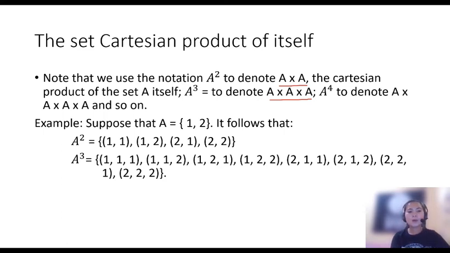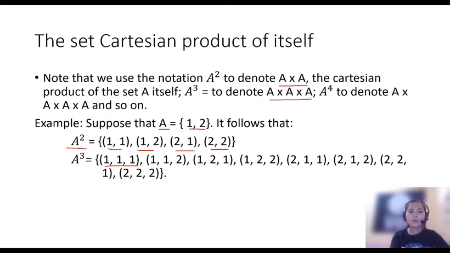So, let's have an example. Suppose that set A is equals to 1, 2. So, how do we find the Cartesian product? So, A raised to 2 is equals to, as you can see, this is the combination. So, we have 1, 1, 1, 2, 2, 1, 2, 2. So, there are 2 elements inside the open and close parentheses kasi A raised to 2 siya. And then, if A raised to 3 naman, so tatlong elements inside the open and close parentheses, and use this pattern.